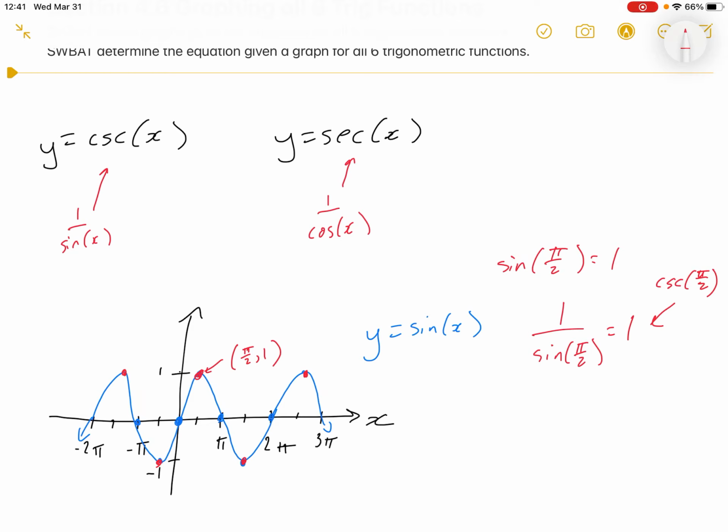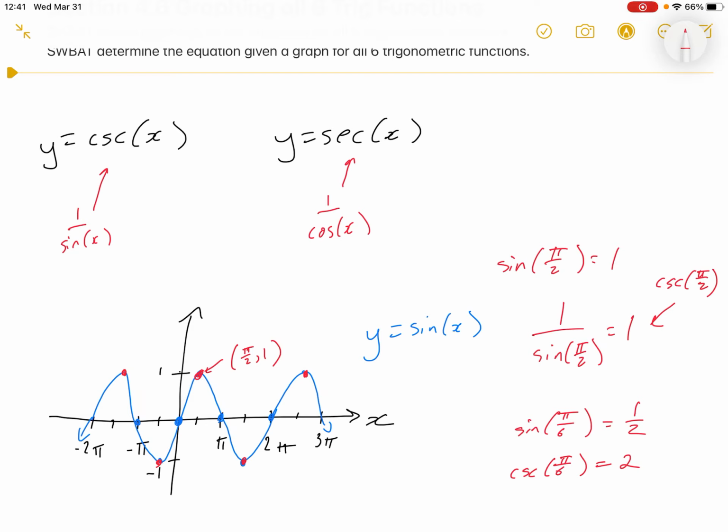But now in between, some weird stuff kind of happens. So the next thing I want to mention is, let's say sine was 1/2. So at pi over 6, this is 30 degrees, sine is 1/2. Well, cosecant is the reciprocal, so cosecant is actually going to be 2.